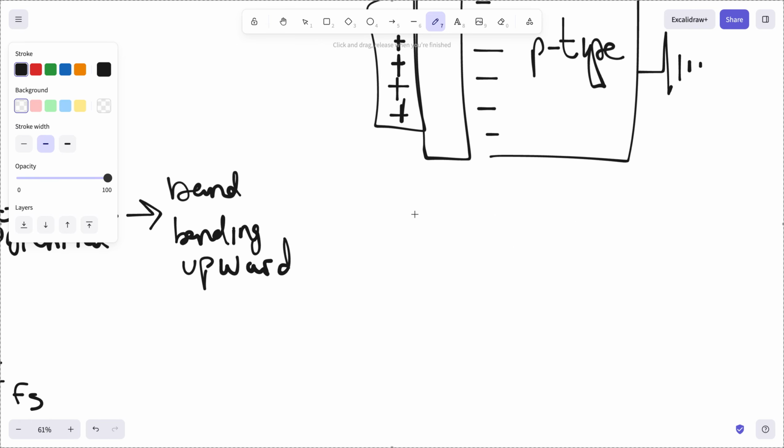And what this looks like as a band diagram is, instead of bending upward, it would bend downward, like this.